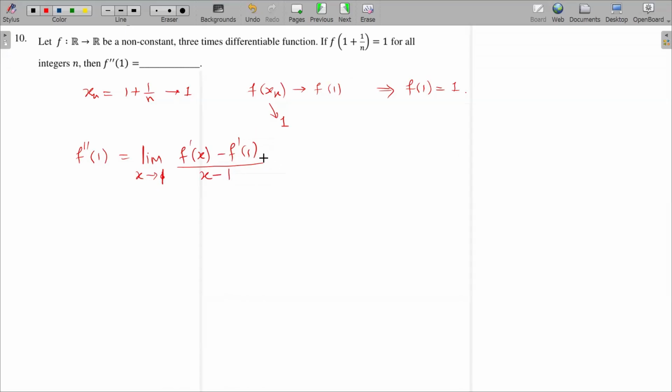So you first require f dash 1. Let me write f dash 1 first. That is limit x goes to 1 of f of x minus f of 1 upon x minus 1. And now we know f of 1 is 1.